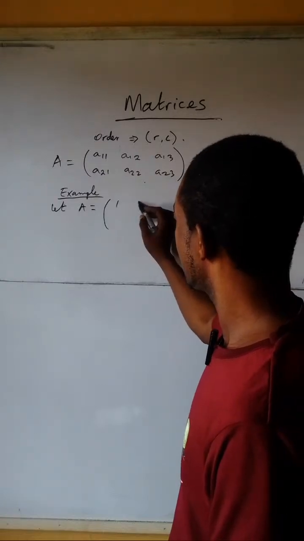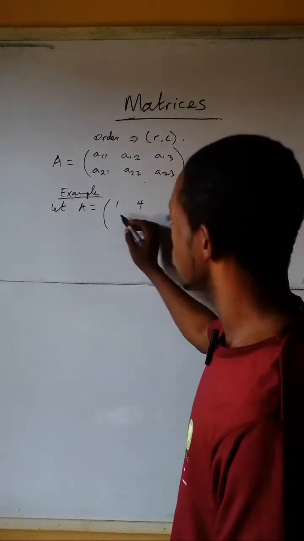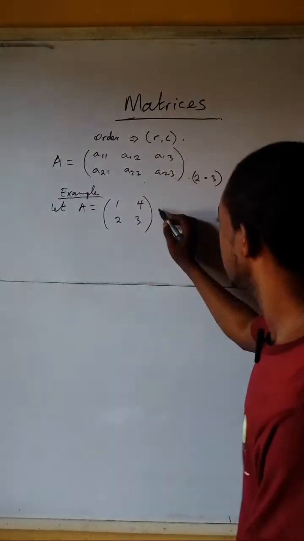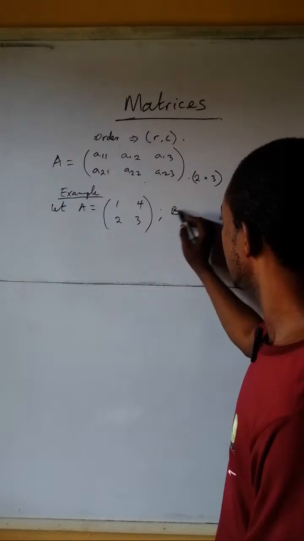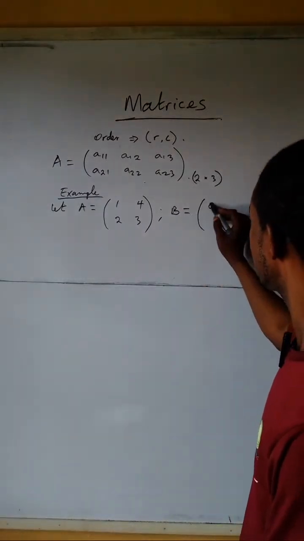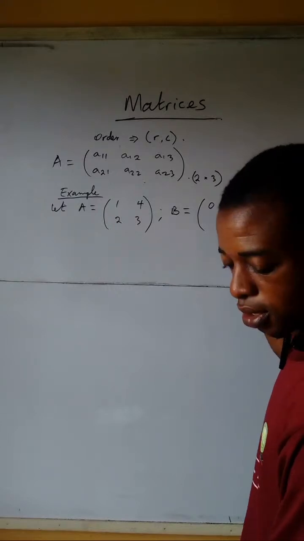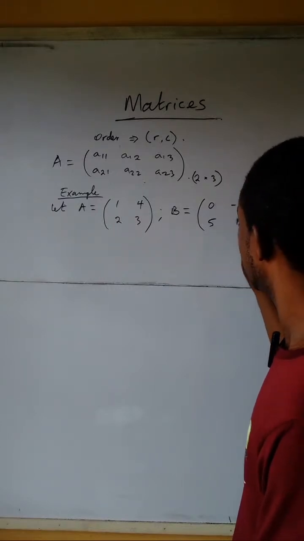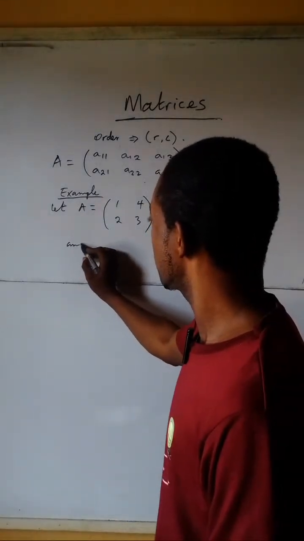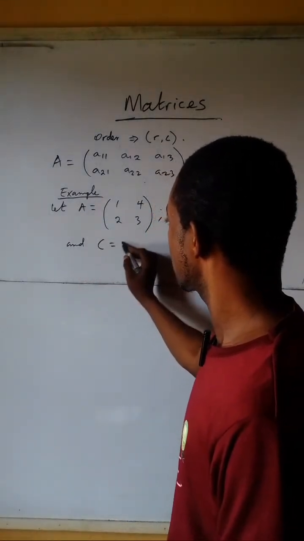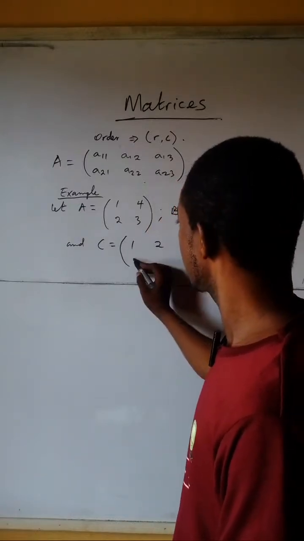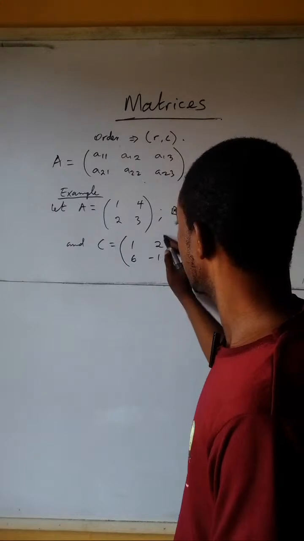That is, we have 1, 4, then 2, 3, and B be equal to also a 2 by 2 matrix, that's 0, minus 3, then we have 5, 1, and C is also a 2 by 2 matrix, which is 1, 2, and 6, minus 1.